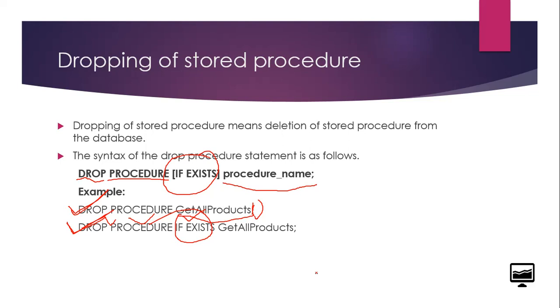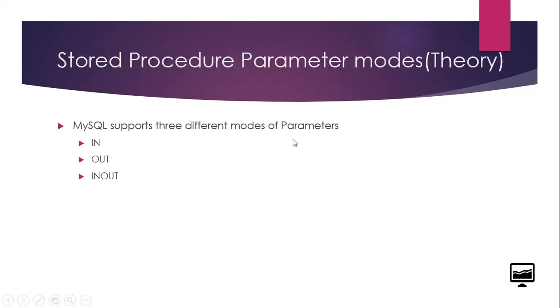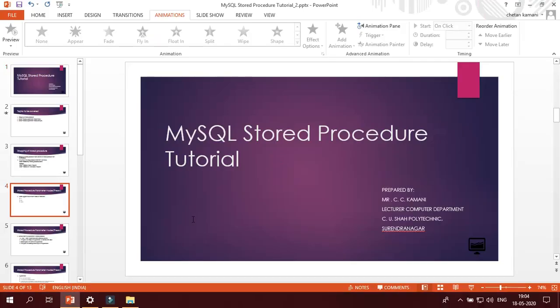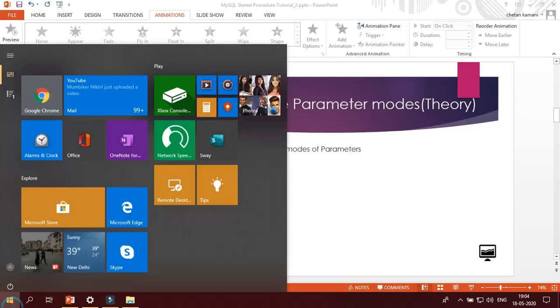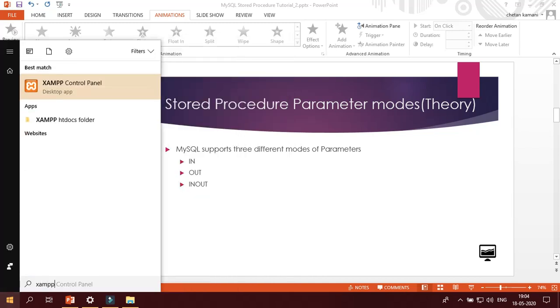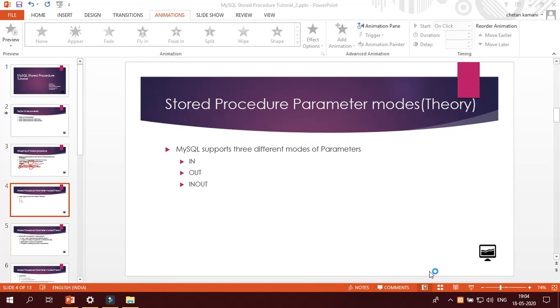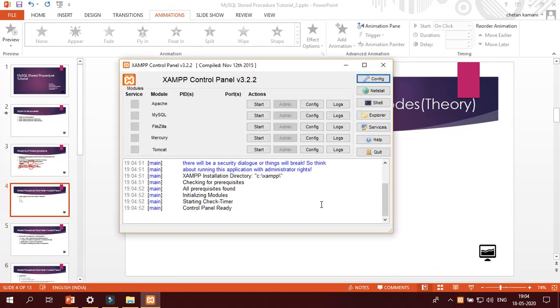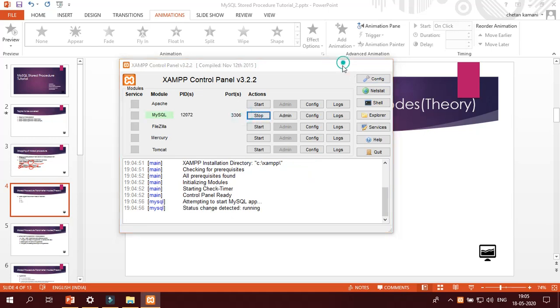So let us start with the example. As you know, we always do our practicals with SQLyog, and before that I have to start the XAMPP server. Once the XAMPP server starts, I have to start the MySQL service of the XAMPP server. It is started.